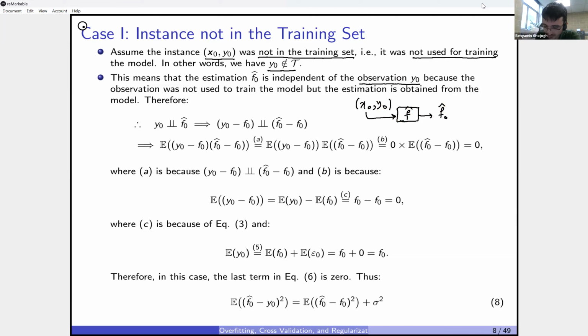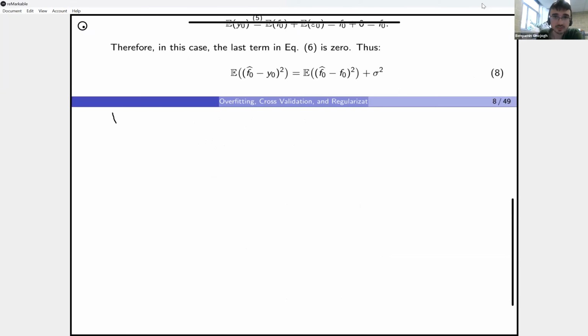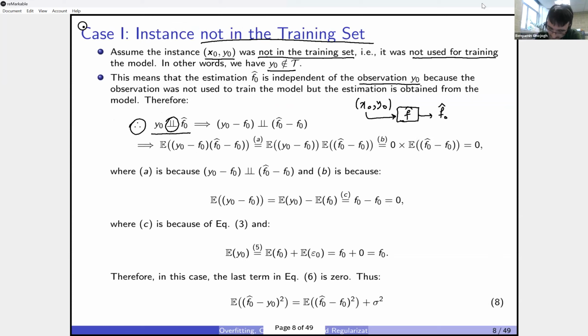Therefore, in this case, where the instance is not in the training set, I can say y0 and f0 hat are independent. This is the symbol for being independent in mathematics and probability. By the way, this is a notation for therefore in mathematics.